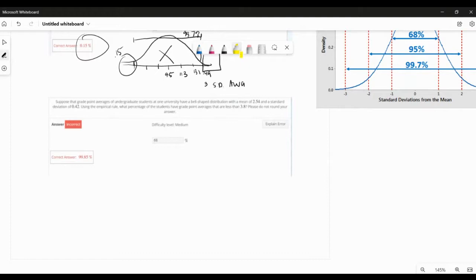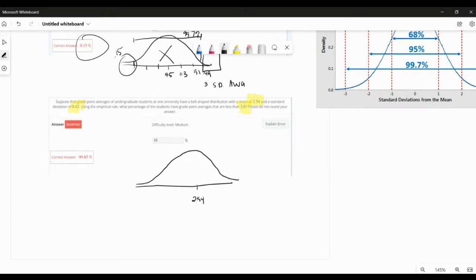All right, suppose that grade point averages of undergraduate students at one university have a bell-shaped distribution with a mean of 2.54 and a standard deviation of 0.42. Using the empirical rule, what percentage of students have a grade point average that is less than 3.8? Okay, so this is really similar to the very first question in this video. All right, so 2.54.